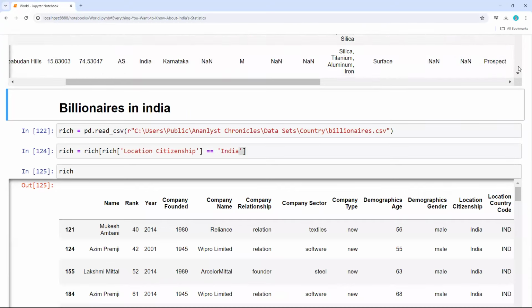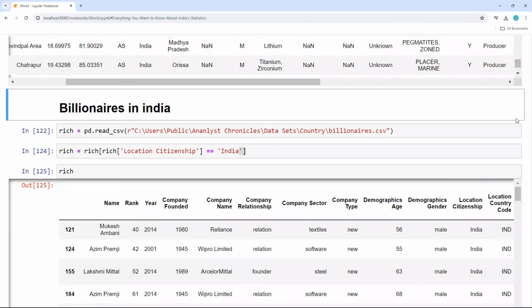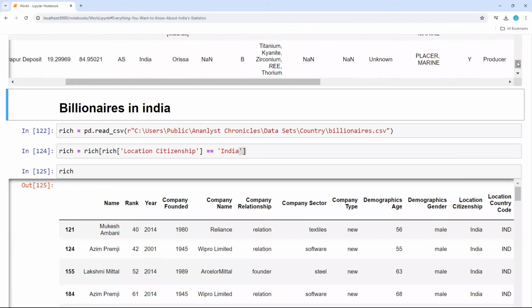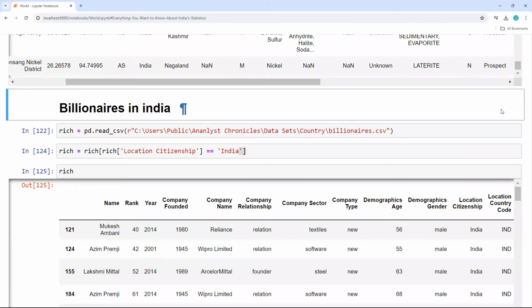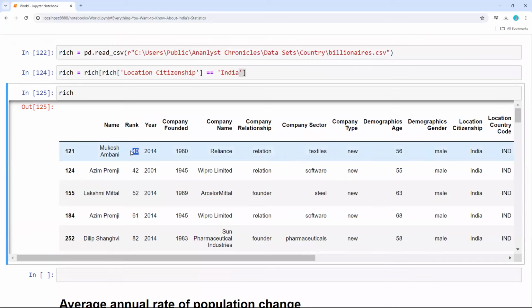I just wanted India, so I filtered with the country name, India. Then let me look at the Indian billionaires list. Here you have the rank out of all the world billionaires.